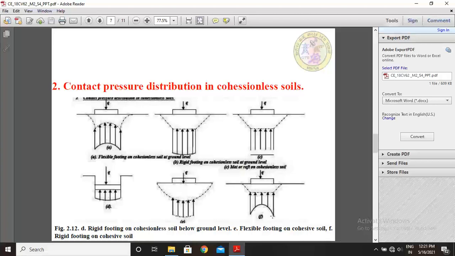For a perfectly rigid footing, Kr is considered infinite. The contact pressure is minimum at the center, with a value of about 0.5 times Q for the circular footing and 0.67 times Q for the strip footing. The contact pressure is very large at the edges. In fact, it tends to infinity.